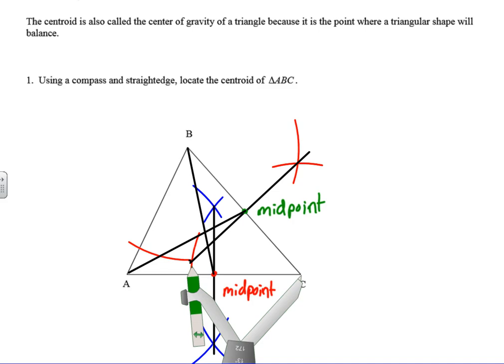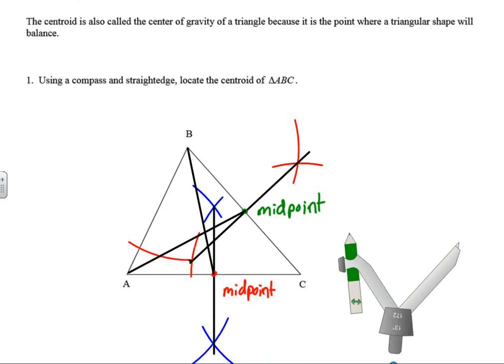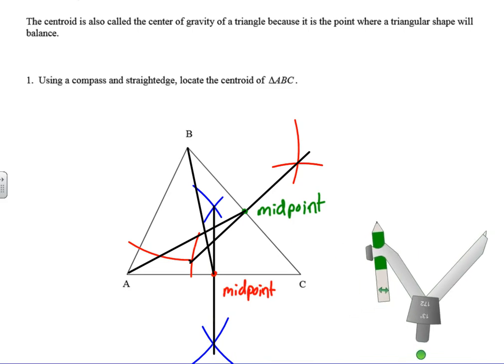First of all, let me move this out of the way. I'm going to add a few letters here. I'm going to call this point D down here and point E. So the two medians that I've drawn here are BD and AE. The intersection point here is the centroid.